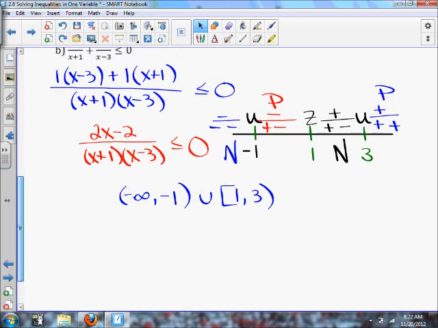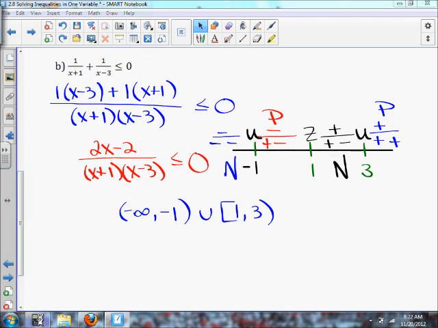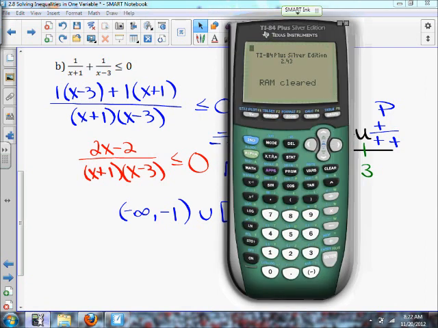Now, if we were to graph this, you can see where all this stuff is going to be. Okay, so you can see from negative infinity to negative 1, it'll be less than 0.